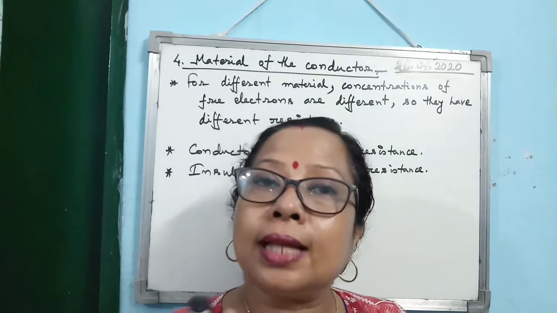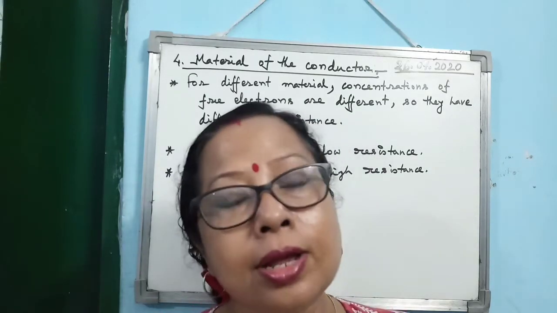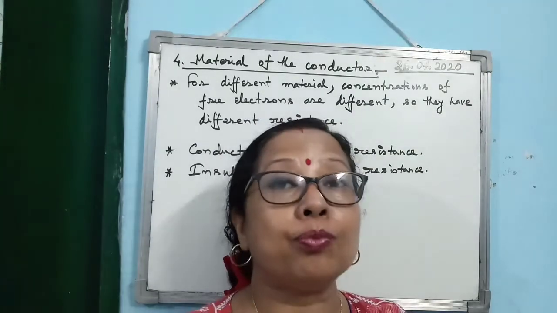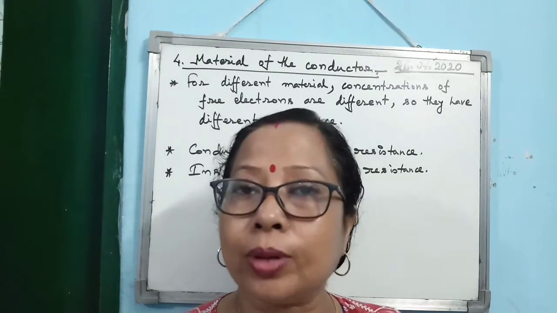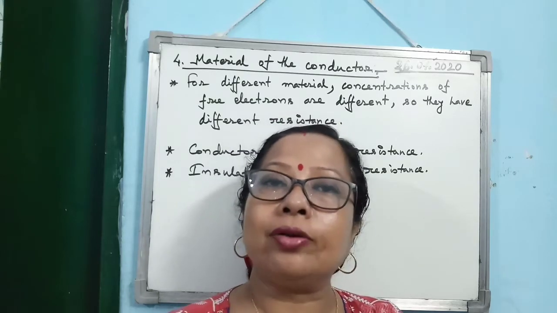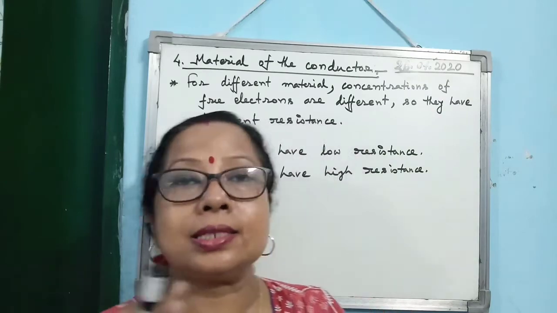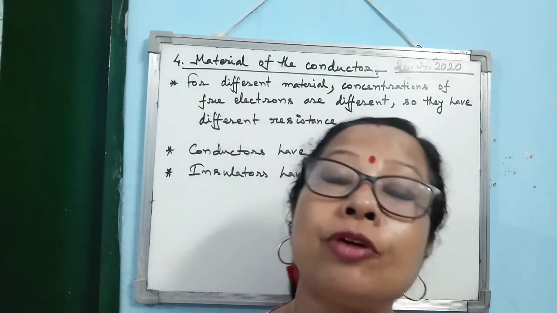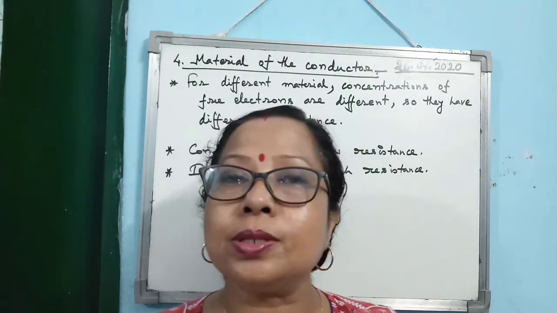The material which has more concentration of electrons will be able to give more current, meaning it has less resistance. So this is the general concept. So we have got the concept of electric resistance and the factors on which it depends.